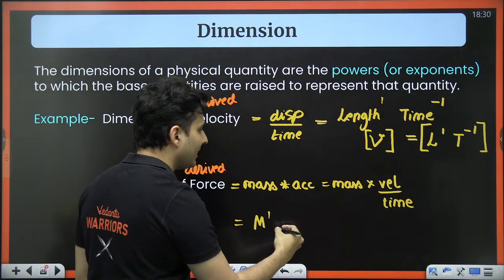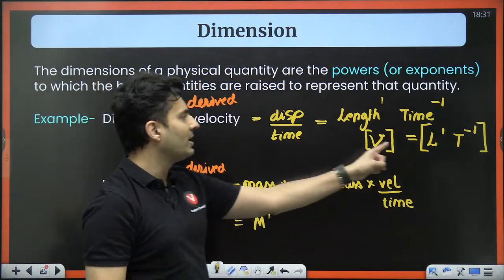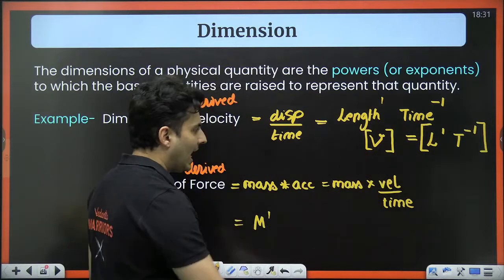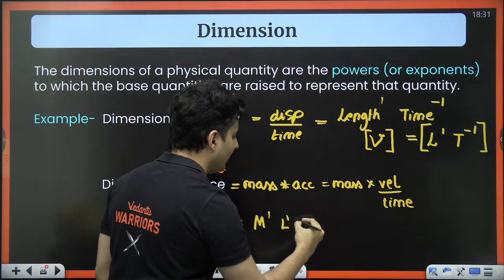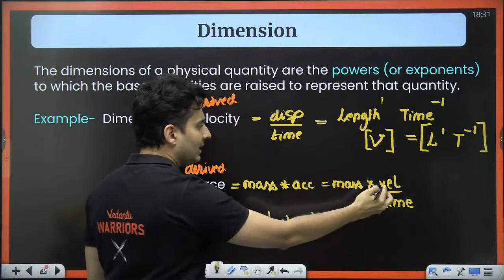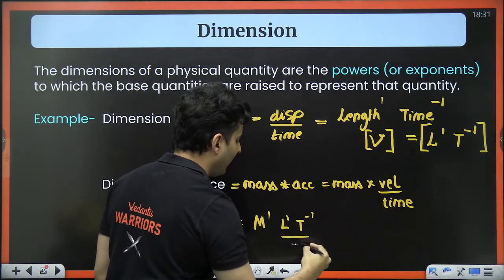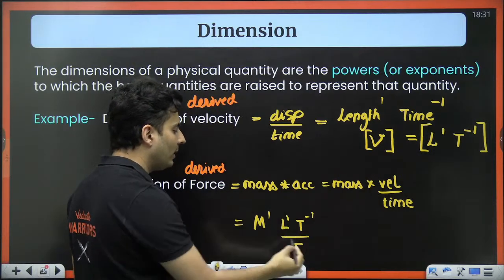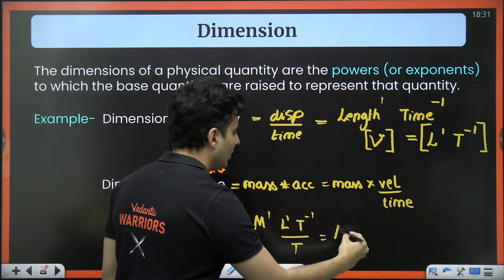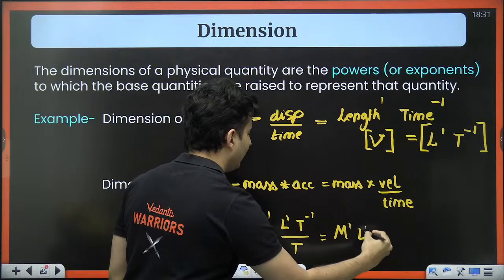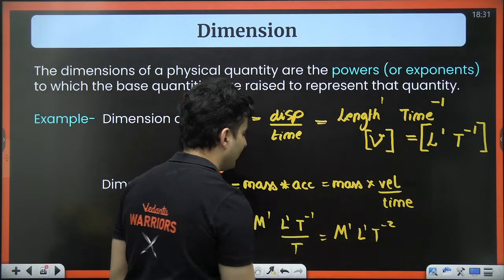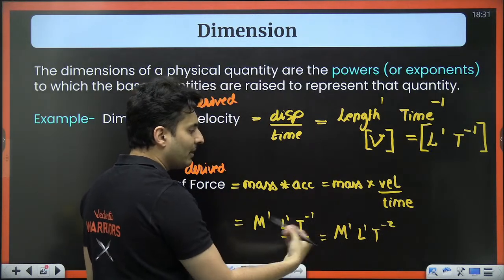Velocity I can write as length raised to 1, T raised to -1, the whole thing divided by time. Bring it on the top, it will become M raised to 1, L raised to 1, T raised to minus 2. Minus 1 and minus 1 will become minus 2.